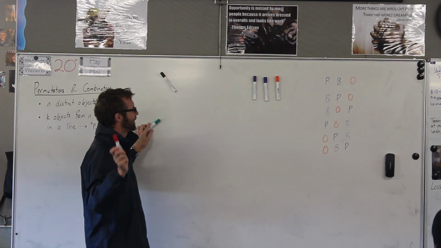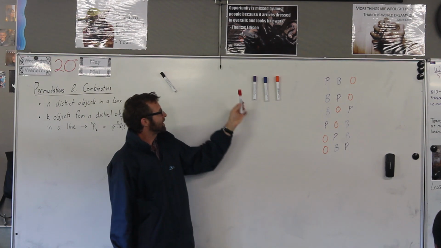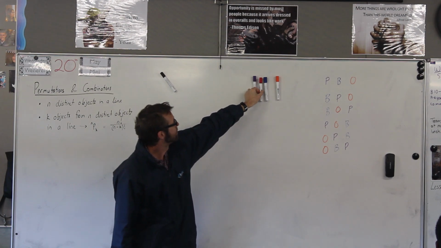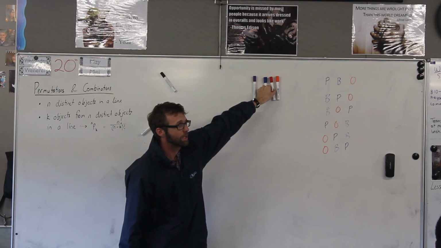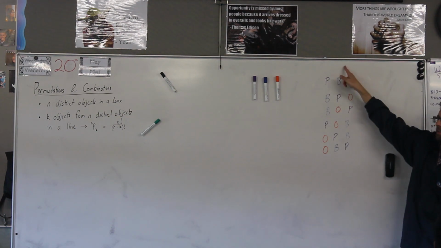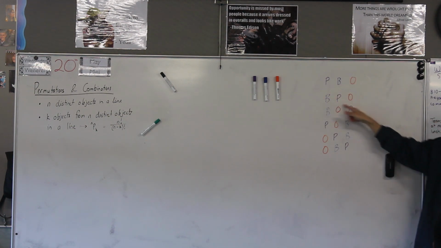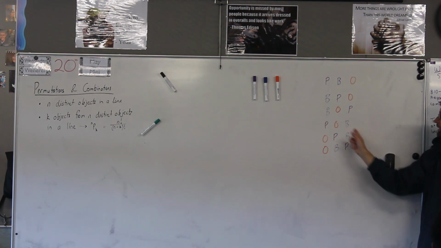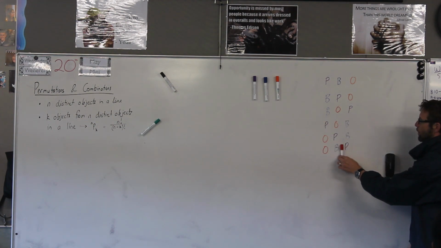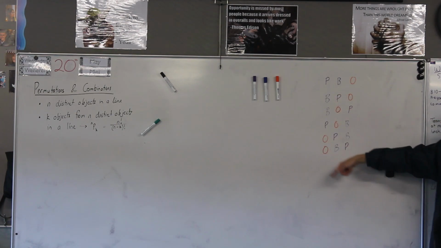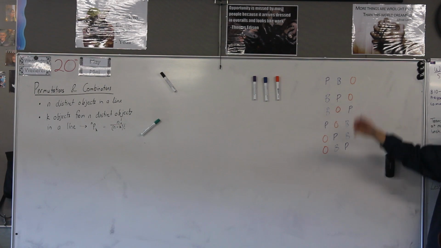You can see that red could be added here: 1, 2, 3, 4. So I've done 4 ways for this. And you can see that there's going to be 4 ways for each of the other arrangements too. So it's going to be 4 times 6. So there'll be 24 ways.